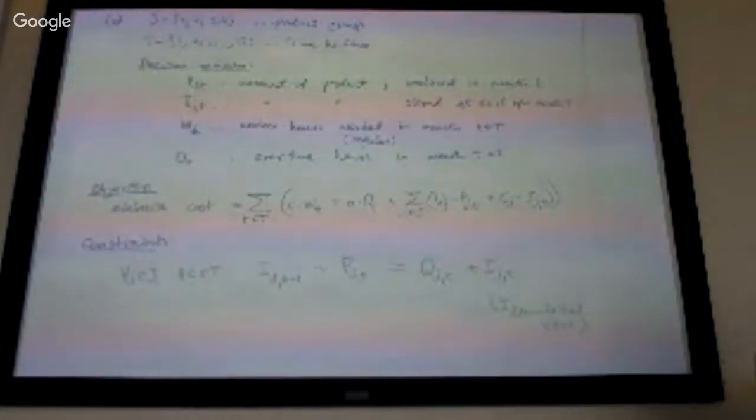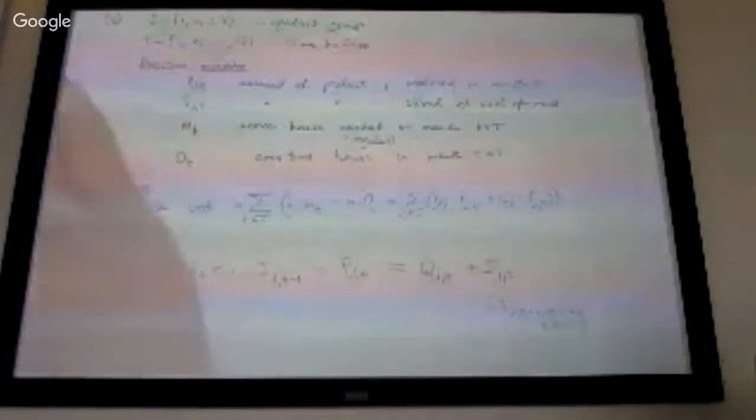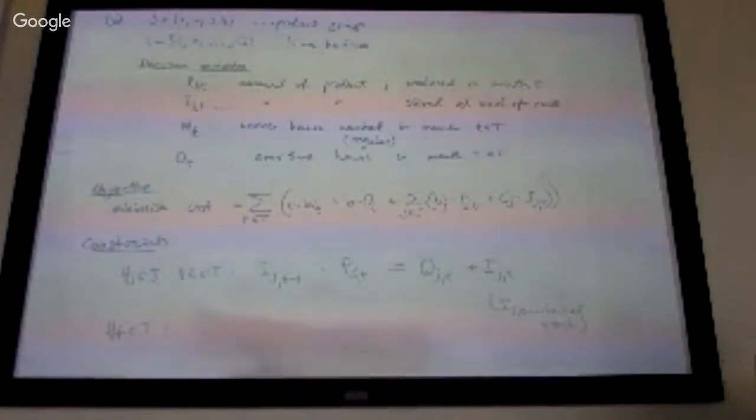Just make sure that we are accounting for enough worker hours. So in every period, the amount of worker hours that we need is A_J times production. You need to add this over all the J's.